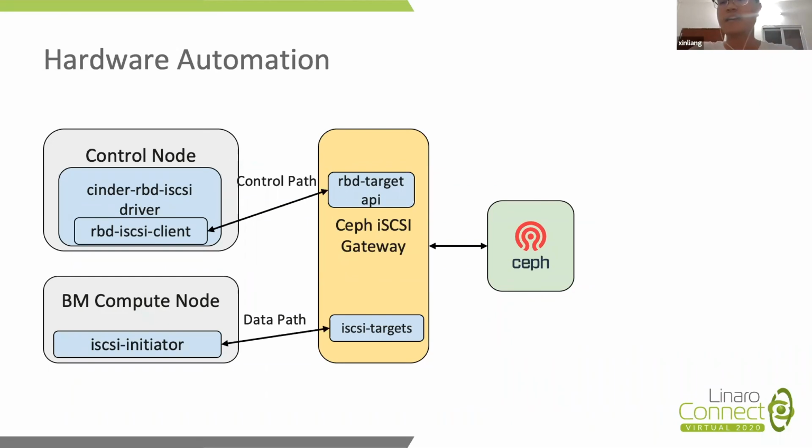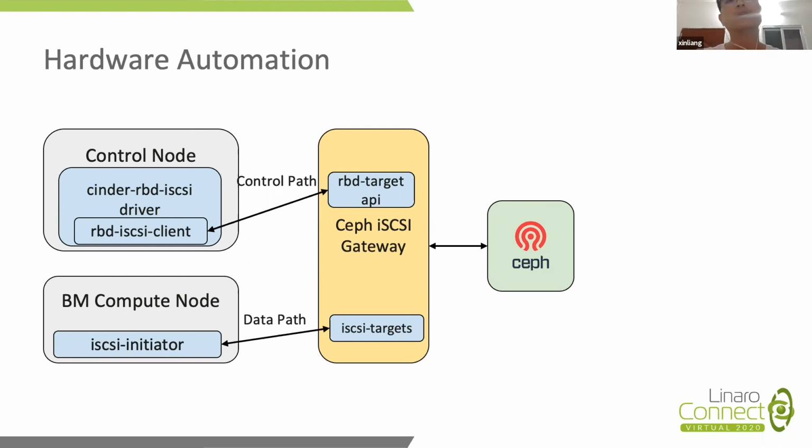This is the inside view of how bare metal uses Ceph iSCSI volumes. As you can see, we have a control plane on the control node, which handles volume creation, attach, and detach through the Ceph iSCSI gateway API.